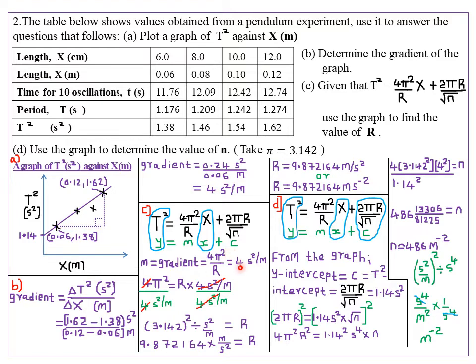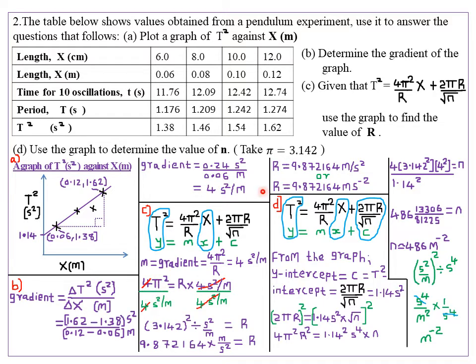So if I equate that, then of course, to find the value of r, I can start by multiplying every side by r, so that I'll have 4 pi squared being equal to r times 4. Then of course, I divide by 4 on both sides, so that I get r being equal to 4 pi squared over 4 in units of second squared per meter.